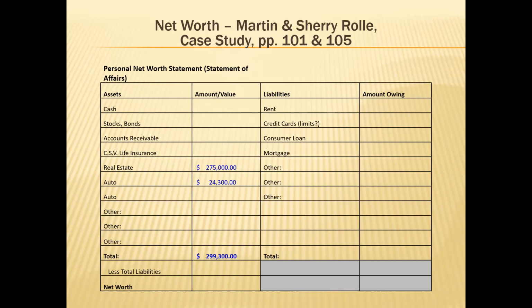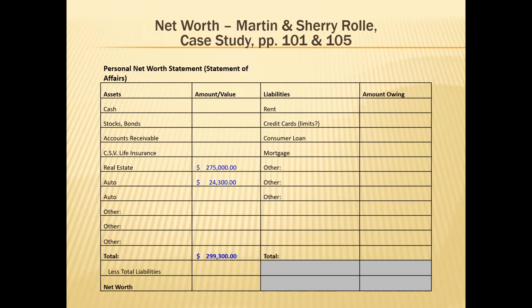Okay, so next we go to the liability side. They own a house, so they're not paying rent. The next item is credit cards. Do they have any credit cards? We have 2 credit cards, sir.